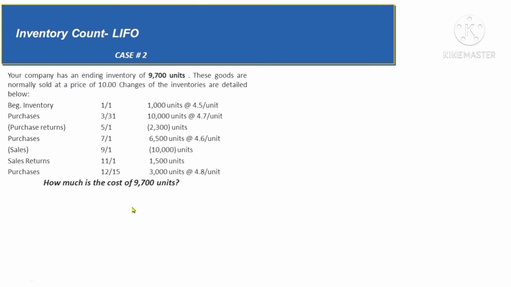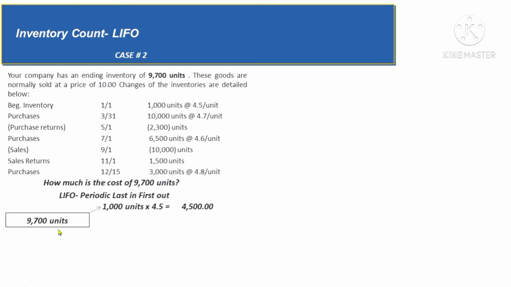Applying that in this case, out of the 9,700 units, we are sure that the 1,000 units come from the beginning inventory group, and the remaining 8,700 come from the purchase on 3/31. So get the total of these two and we will have 45,390 as the ending inventory under LIFO periodic.